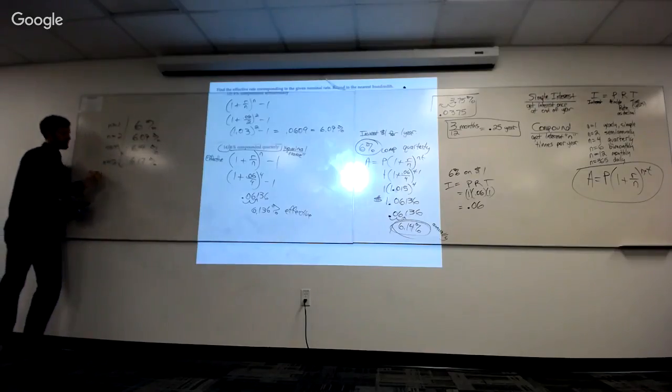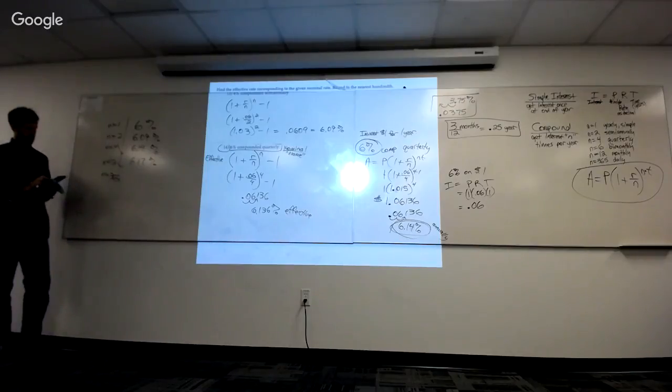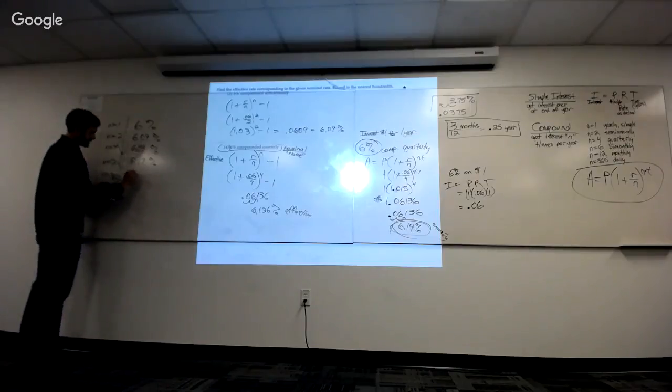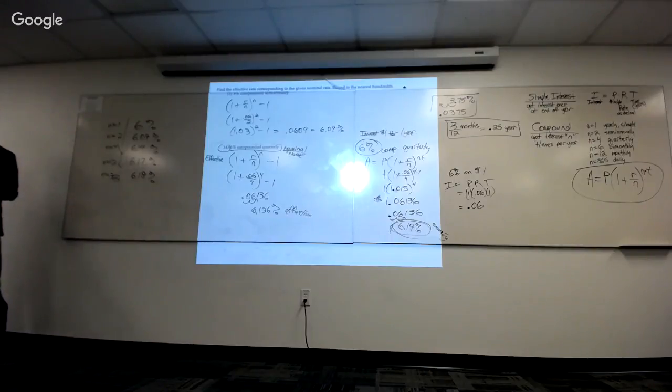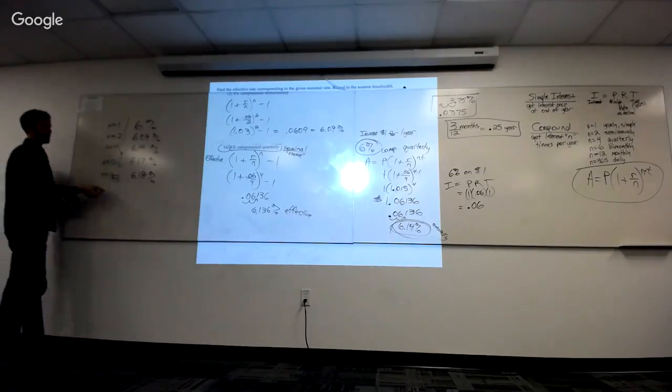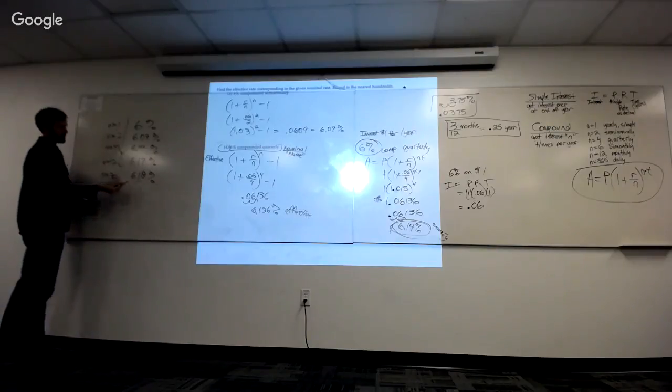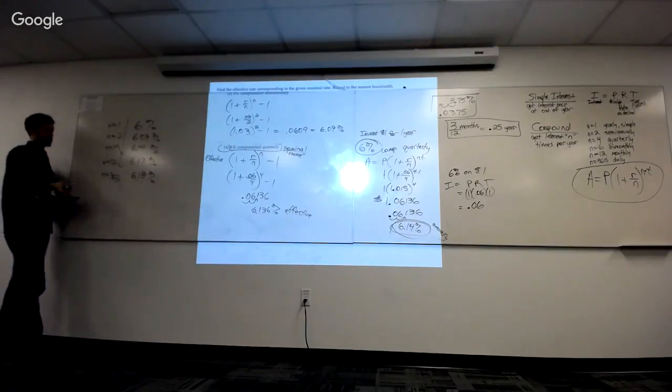What if I did 365 times a year? Like, how much more interest could we get out of this by compounding more times? I got 6.18%. So it's clearly not unlimited. As you compound more and more, the percent is going up, but it's not going to go up forever.